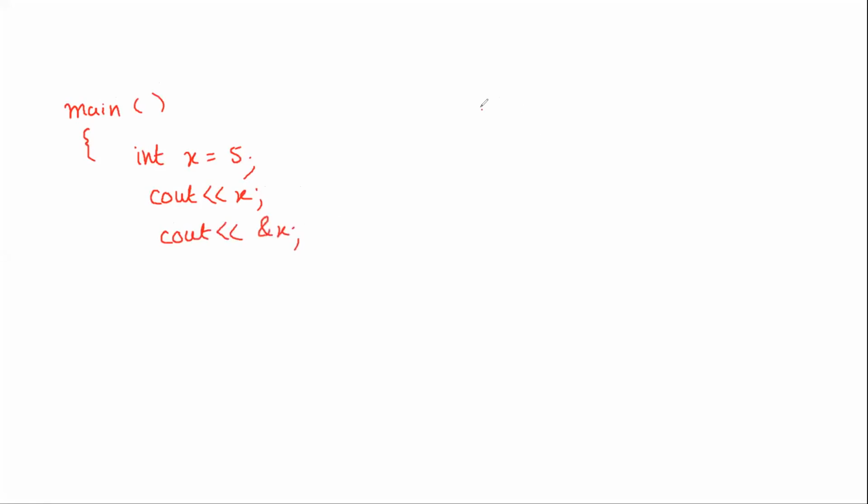And at the same time we saw that this is my variable x, it is at some memory address, let's give it a random address, say 5000. So this is the address 5000 and I have value 5 here. This is what we saw in the previous example.